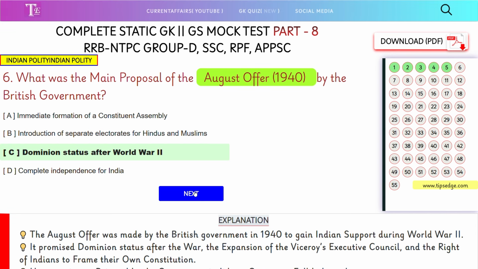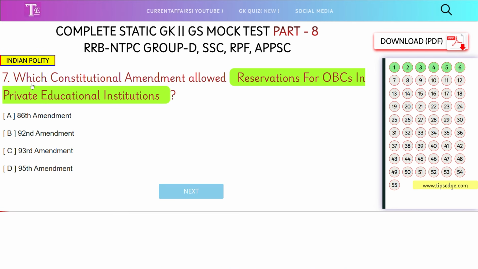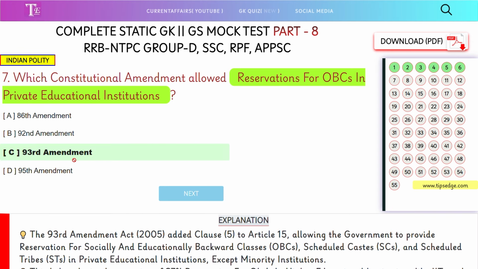Now moving to the seventh question. Which constitutional amendment allowed reservations for OBCs in private educational institutions? Answer: 93rd Amendment.